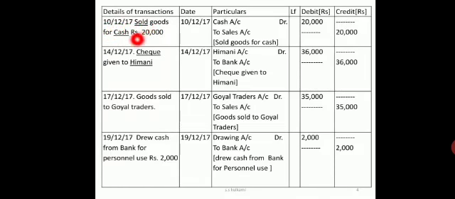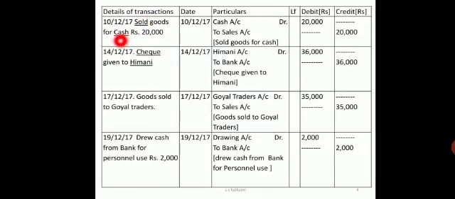10/12/2017, goods sold for cash 20,000. Now when goods are sold for cash, that means you are having two accounts. So what we are going to do? Classify them first. So one is sales account, one is cash account. Now these accounts, they belong to which category? Cash is an asset and sales represents income.